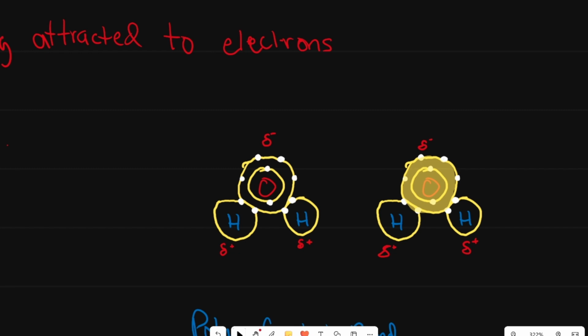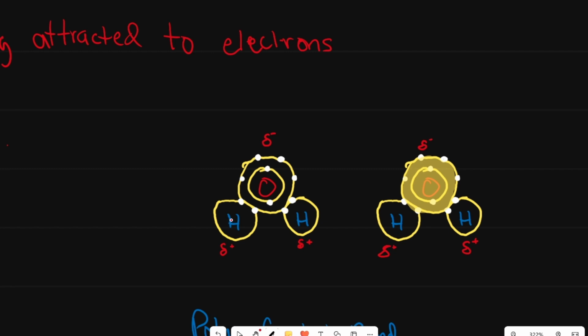The reason why this molecule is partially negative and partially positive is because if you look back at the periodic table, you'll see that oxygen is right next to fluorine. These are elements that have high electronegativity, meaning that they are really greedy for electrons. So when you look at the oxygen in the middle, you're seeing how all the electrons are pulled towards it because it is greedy for electrons.